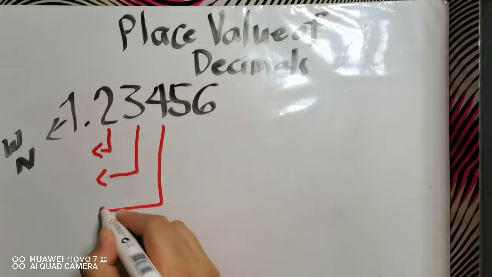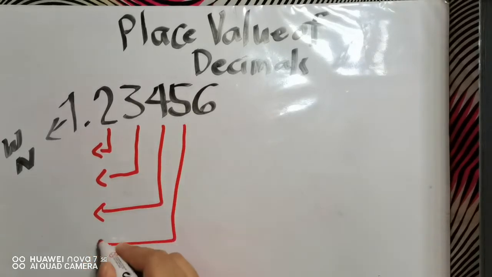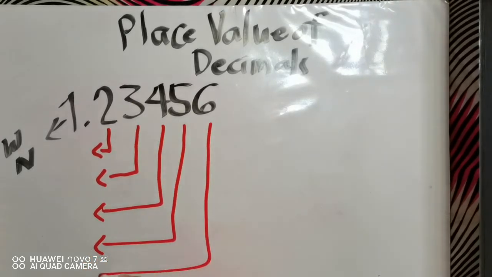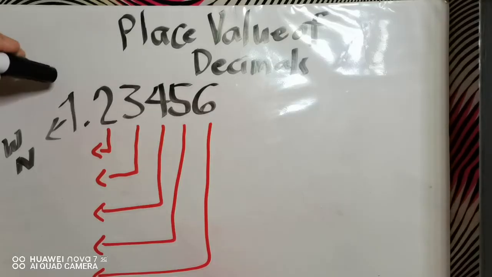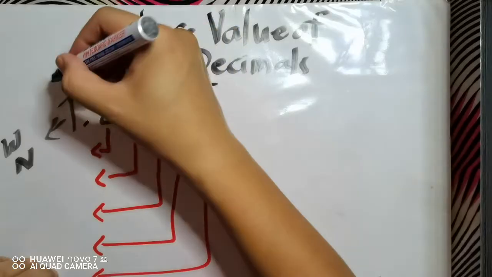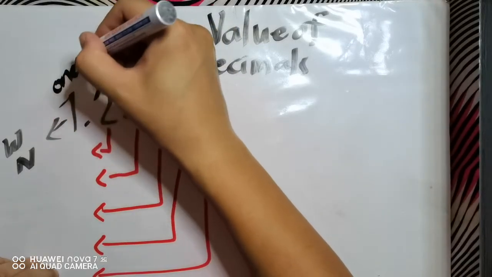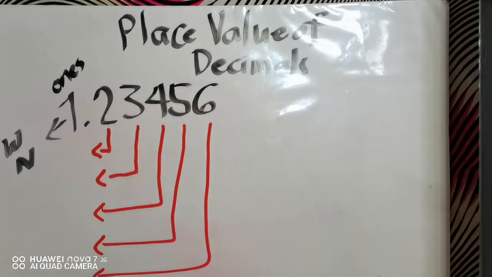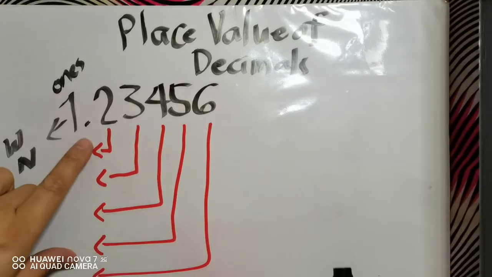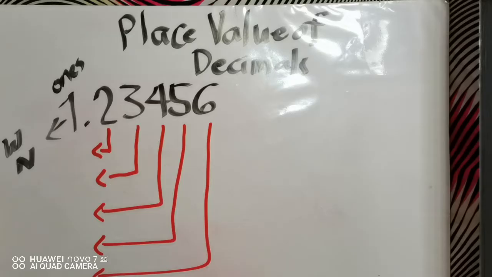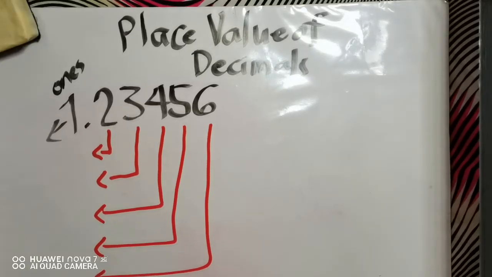And then this. And this. And then this. Okay? So, kung sa whole number, ito ay ones, the place value ay ones, sa decimal, wala tayong tinatawag na ones. The first number that comes after the decimal point is what we call the tenths.